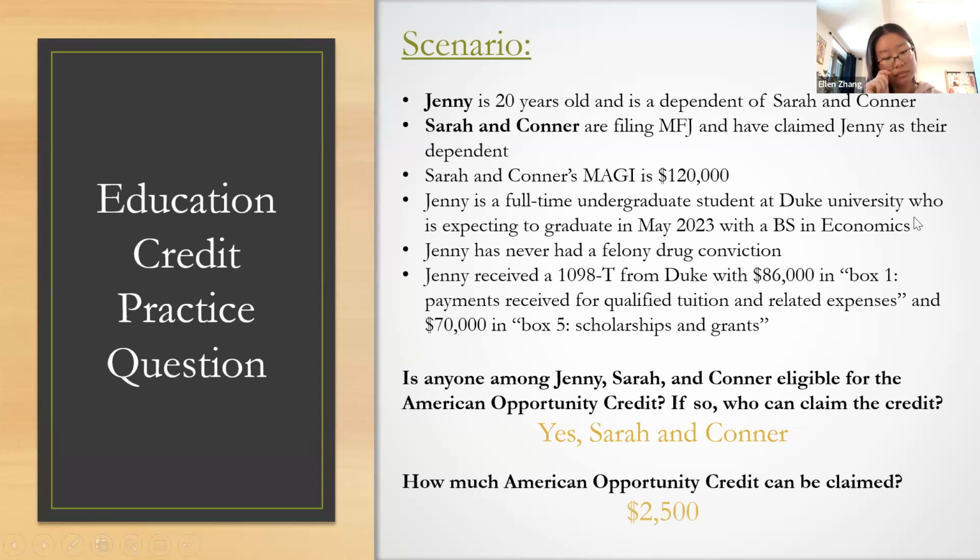Does anyone have any questions about these scenarios or the education credits before we move on to a different credit? Yeah, I do, Ellen. Which resource in the Google file shows the breakdown for the expenses?